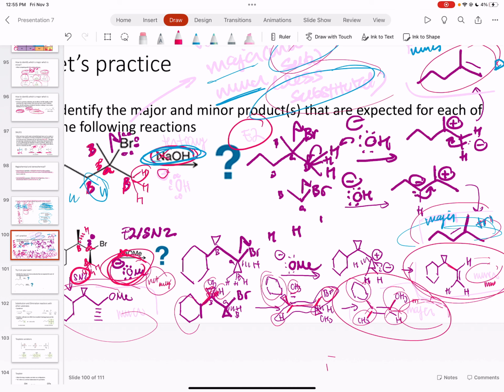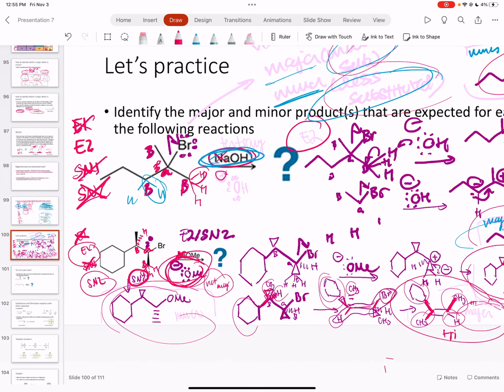This one's more substituted because we have a carbon bond, a carbon bond, and here a carbon bond, which means it's twice substituted. Here I only have one carbon bond, which means it's mono, and it makes it a minor product. This one is also minor because this one is on a secondary, and we said before that normally we need a primary, not bulky, for SN2 to be the major product.